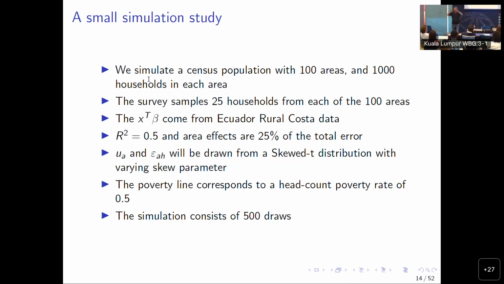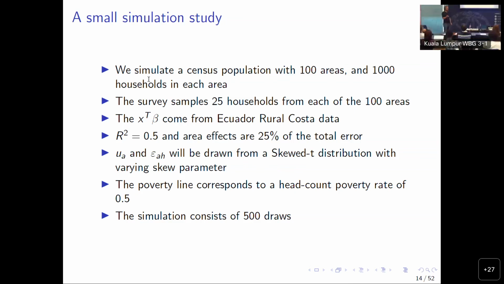So the distribution of X-beta, the deterministic part, comes from empirical data to get a realistic distribution there. The R squared is set to 50%, 0.5, and the area effect is 25%, which is rather large. It's at the higher end of what you observe in practice.